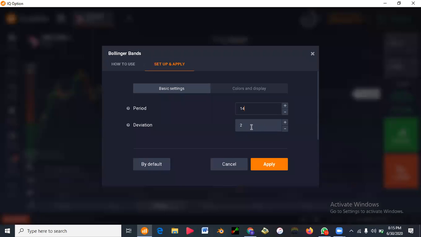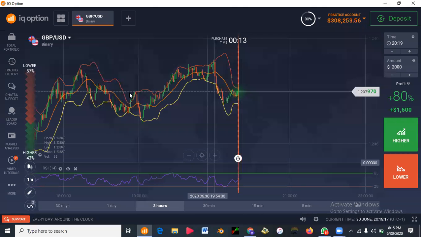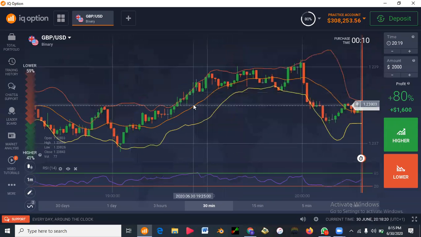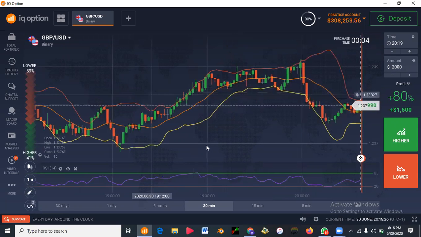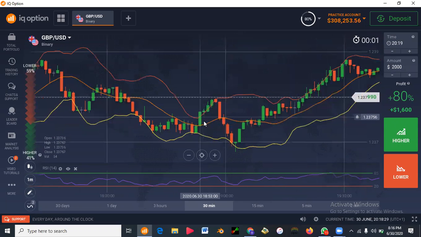With the Bollinger Band, you get a period of 14 and a deviation of whatever you choose. The default deviation is 2. So when you set your default deviation of 2, you apply. The trick of the Bollinger Band is, let's just say when your green candle breaks this red band, place a trade in the opposite direction, and when your candle breaks this yellow one, place it in the opposite direction.